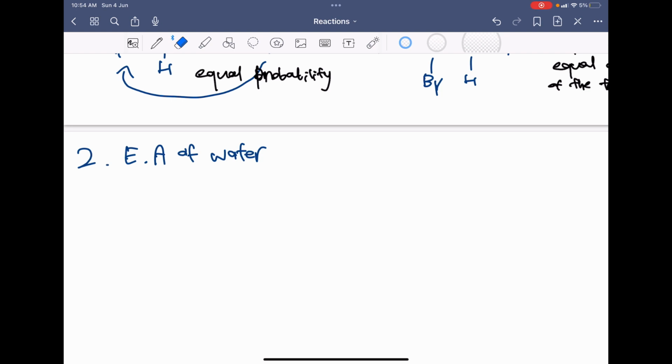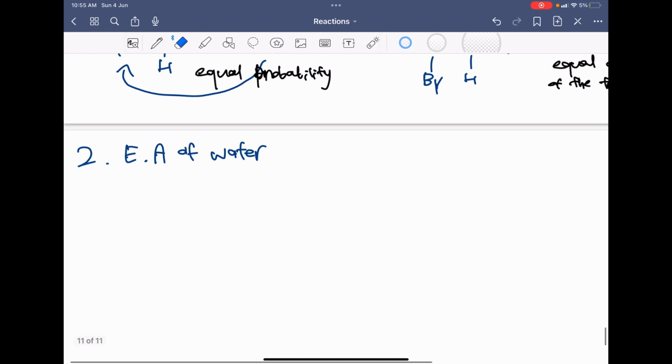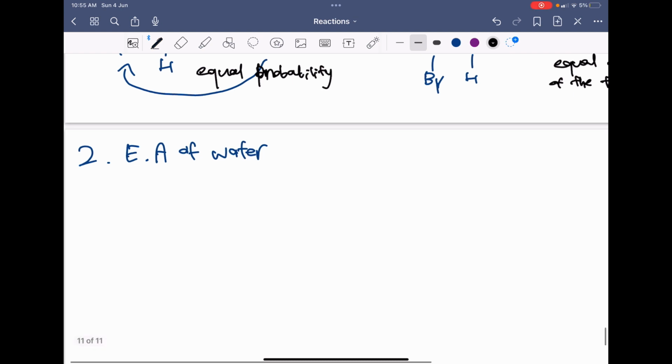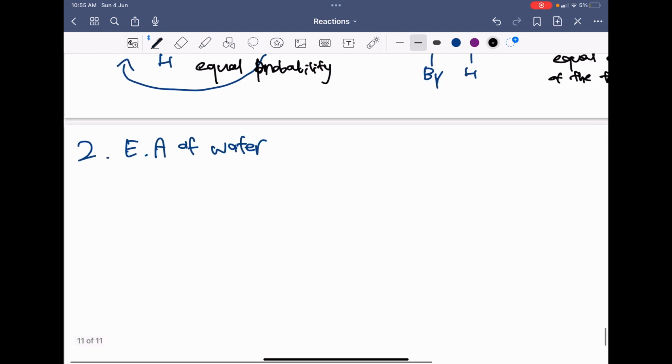So for the lab method, in this case we are looking at how we add water, aka H and OH minus, to the C=C bond of the alkene. So first, for the EA of water, we would have reagent and conditions.